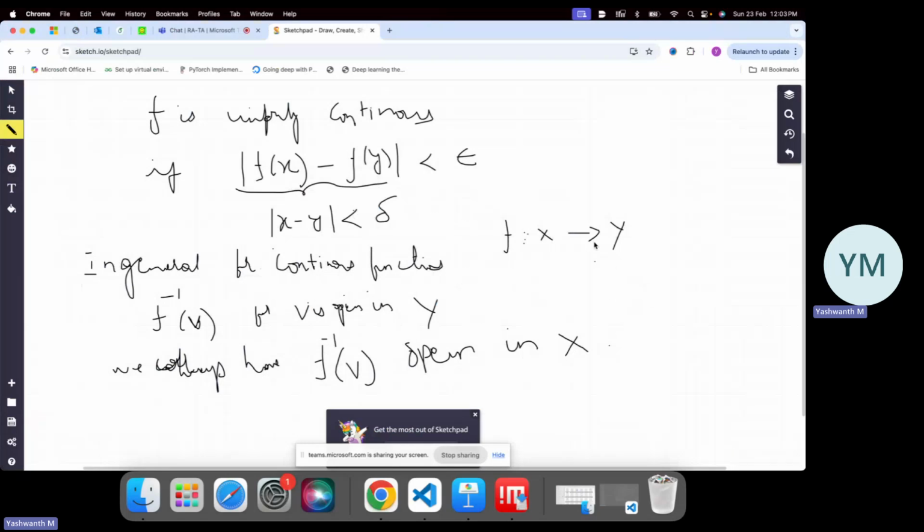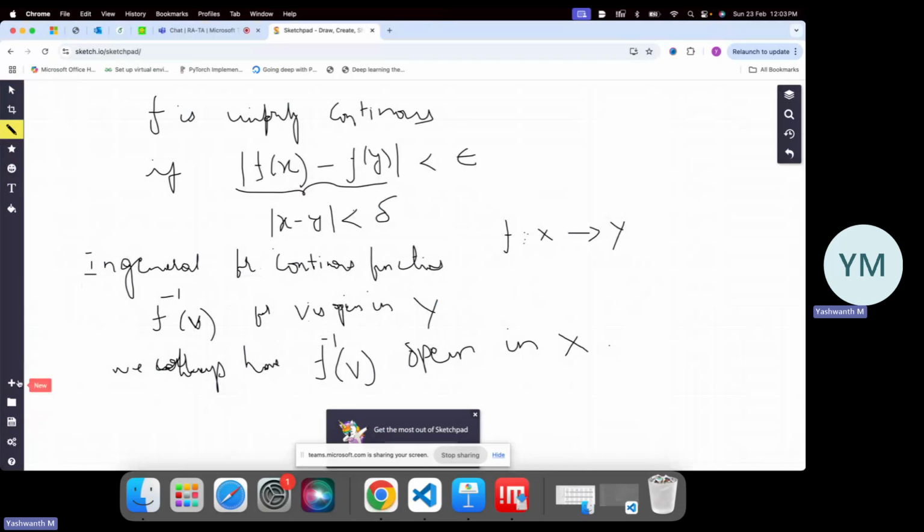So from the first principles one can show that f inverse v for an open v is open in x. For v which is open in y, f inverse v is open in x. This follows from the definition of continuity.